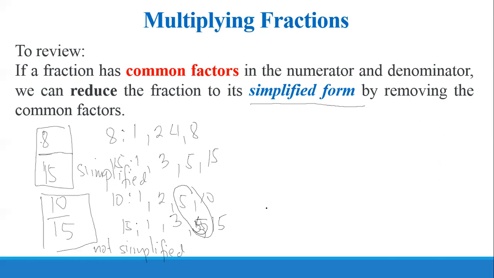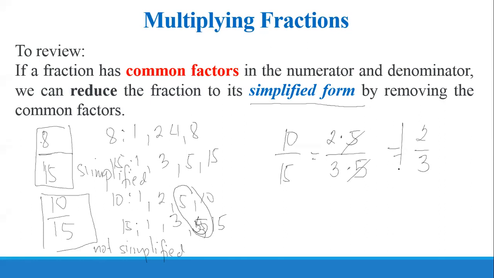So, this allows you to work with smaller numbers when you multiply. Okay? So, kagaya nito, yung 10/15 is not simplified, so pwede naman natin kunin yung factors nito, which is 2 times 5, and ito is 3 times 5. Okay? So, cancel out, cancel out. So, the simplest form is 2/3.